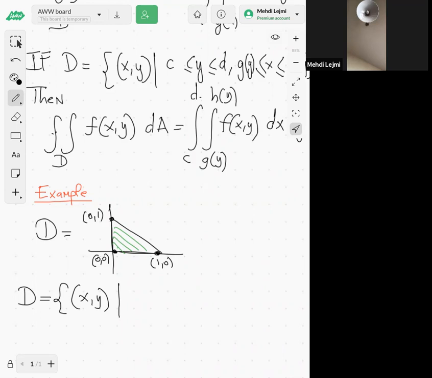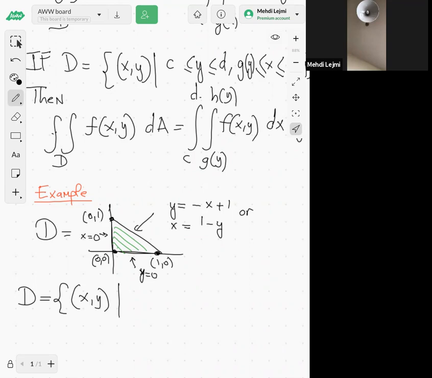So this line here is the line y equals minus x plus 1, or if you solve for x, x equals 1 minus y. And this is y equal to 0, and this is x equal to 0.